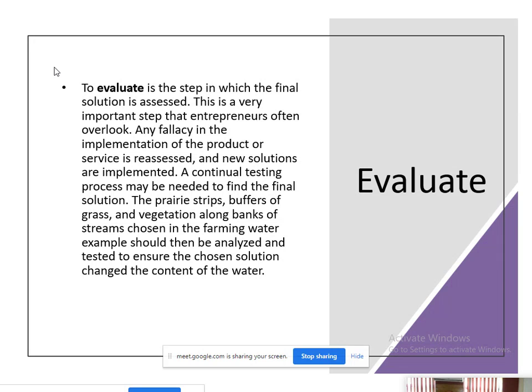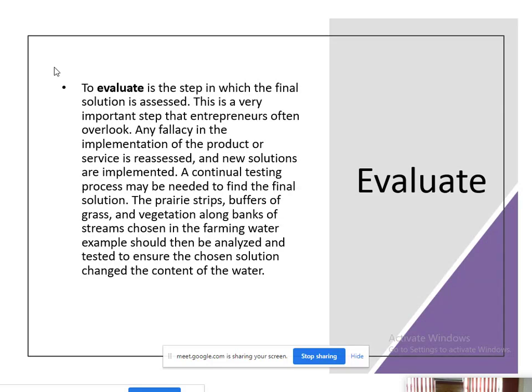That's why some bugs remain there. So that's why sometimes the company overlooks these things. It doesn't do the evaluation properly, and any flaw in the implementation of the product or service is reassessed, and new solutions are implemented.